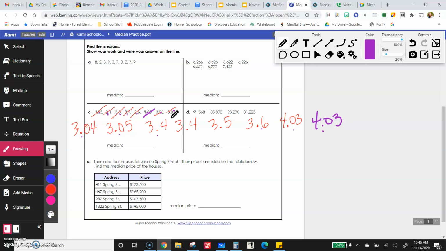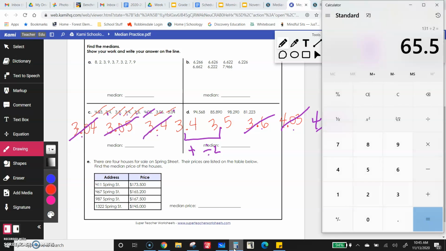Good. So now, cross, cross, cross, cross, cross, cross. I have 2 in the middle. So what do I need to do? Add them up. Divide by 2. So this one actually won't be a 0.5.